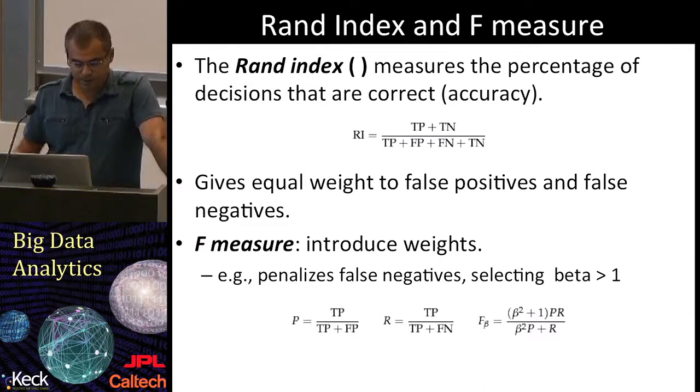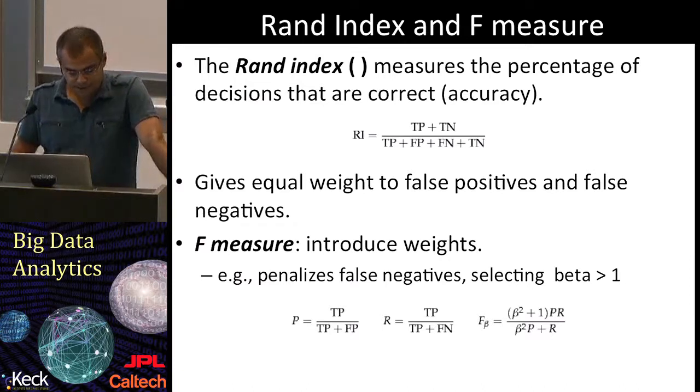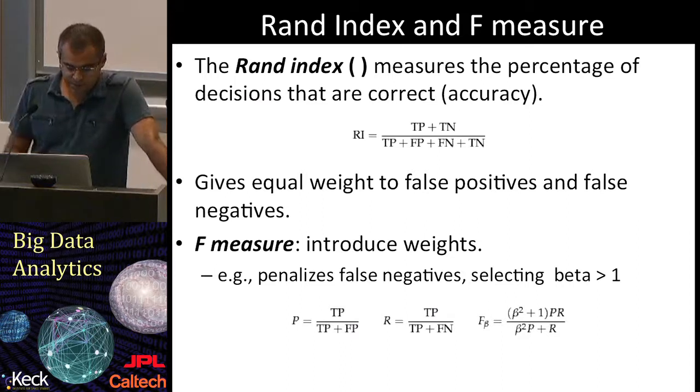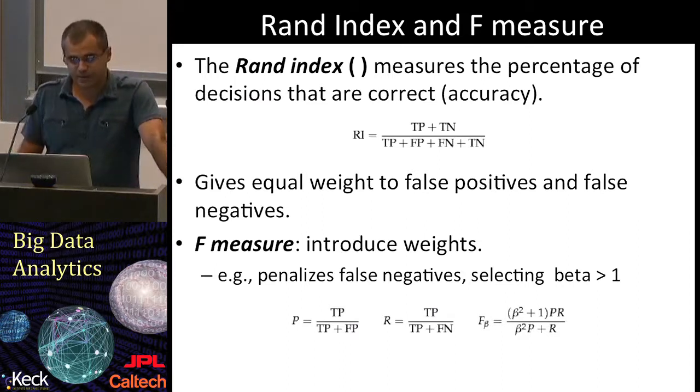Now, let's see two other measures. The Rand index measures the percentage of decisions that are correct. It is defined as the sum of the true positives plus the true negatives over the total number of elements. So in this formula, false positives and false negatives have the same weight.